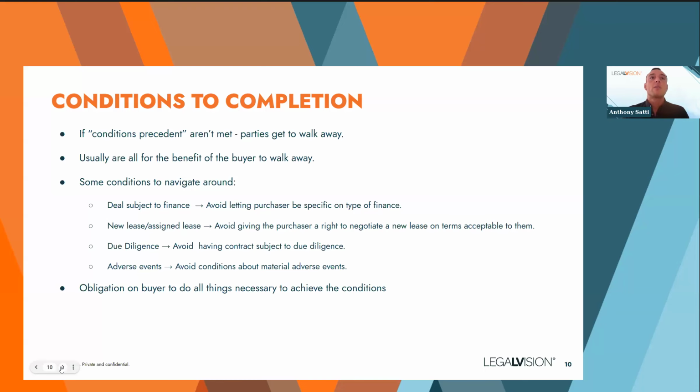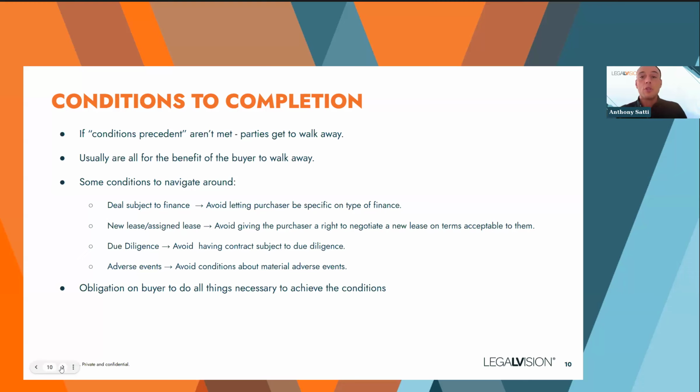Now, most of the time, conditions precedent are actually for the benefit of the buyer. So it's definitely something that as sellers, we're always going to be acutely aware of: what those conditions are, and how they are framed. For example, it's often the case that buyers don't have all the money required to purchase your business. So they will ask for a condition precedent that completion is subject to finance.